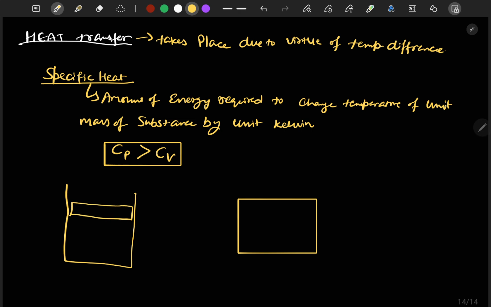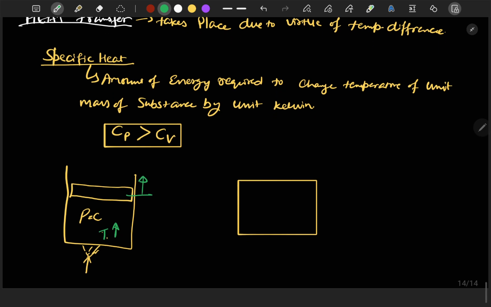If P is constant and we supply some heat, the temperature of the system will increase, and with that the piston will also move upward to maintain constant pressure.